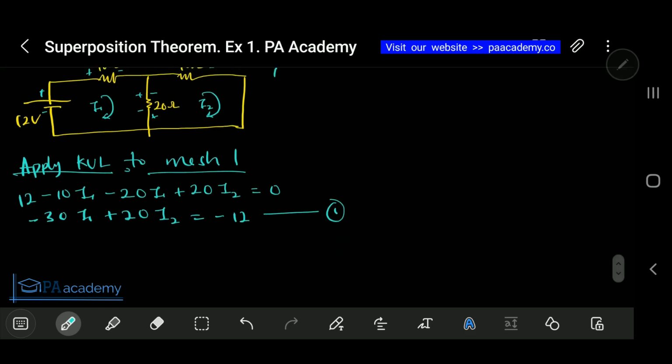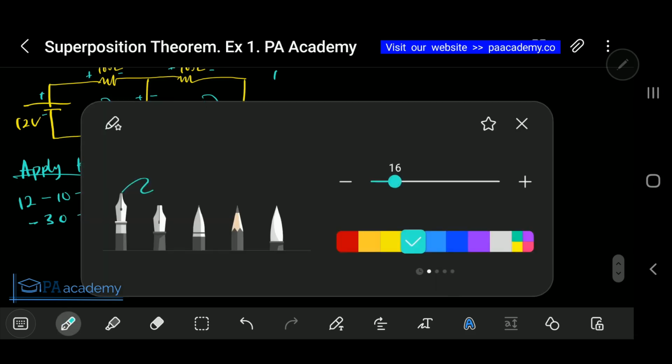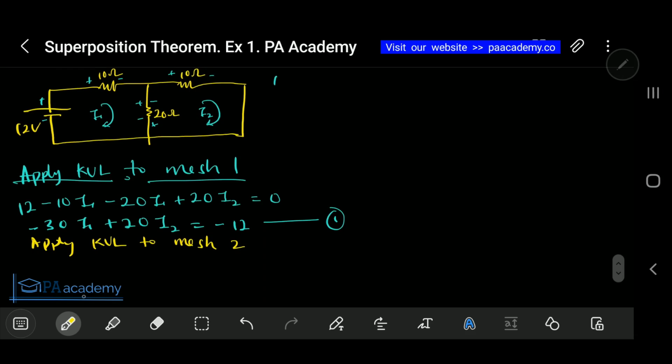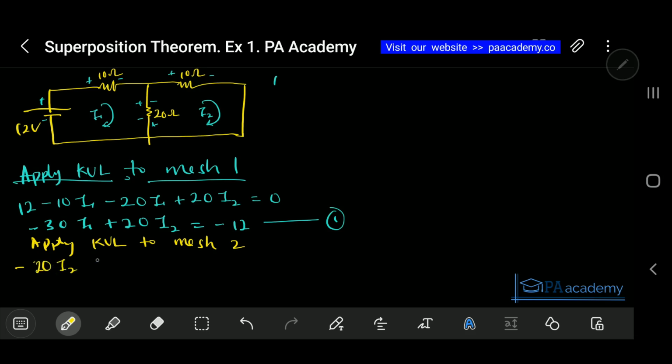Okay, let's also apply KVL to mesh 2. Let's start from this 20 ohms resistor. From positive to negative, that will be minus 20 I2.